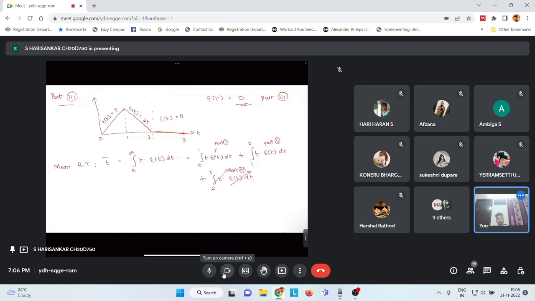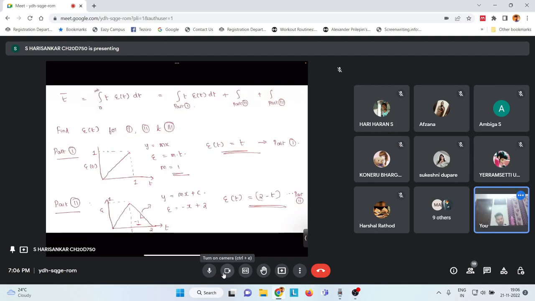So now what we can do is substitute the E of T's from part 1 and part 2 into this equation. The mean residence time T bar will become the integral from 0 to 1 of T into E of T for part 1, which is T, and E of T for part 2 is 2 minus T. So we'll substitute that here.